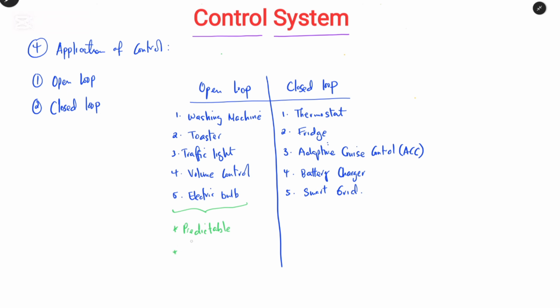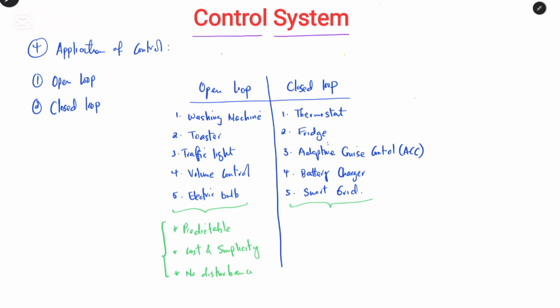And we have cost and simplicity. When cost and simplicity matter more than precision, and we can have no disturbance, we normally choose the open loop. We only use an open loop system when this requirement exists.